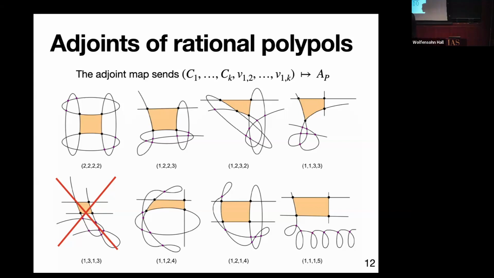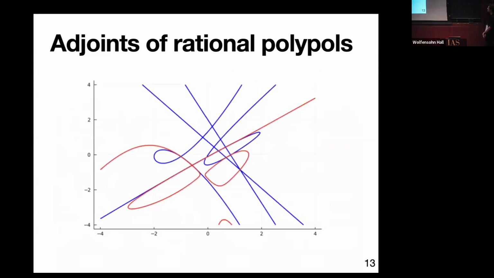And this one was kind of tricky because we thought that when we were computing this, maybe something went wrong with the numerics, but then having a closer look at the Jacobian, etc., we thought that actually something more was going on. And it turns out that indeed for type 1, 3, 1, 3, even though the dimensions match, an adjoint to such a polypol has a positive dimensional set of polypols associated to it.